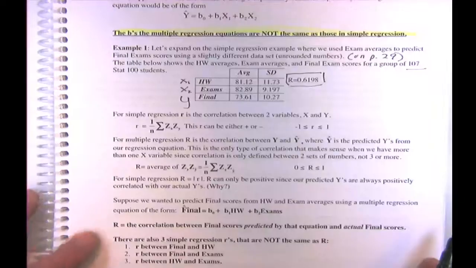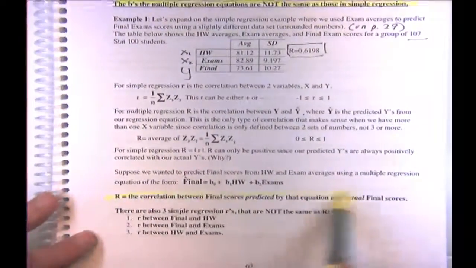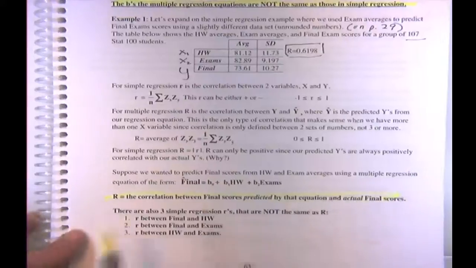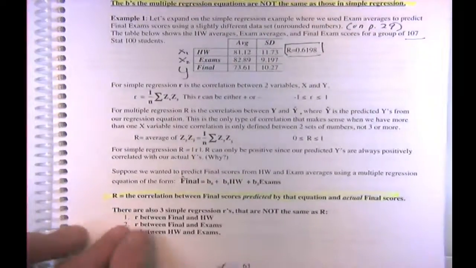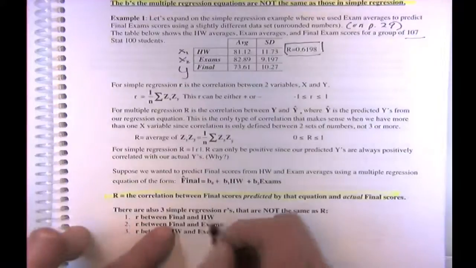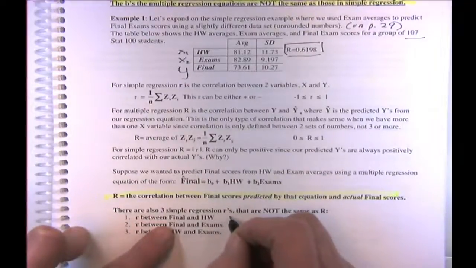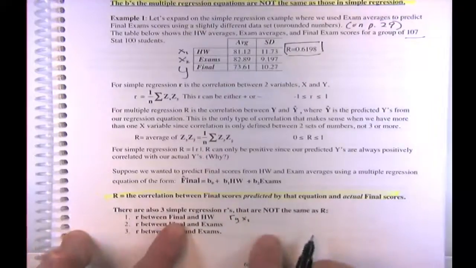Now, so let's write, that's right here. And now I want to distinguish that between there are three simple little r's involved here. What are they? They're the r between, remember this is y, so this is r between y and one of the x's, x1.